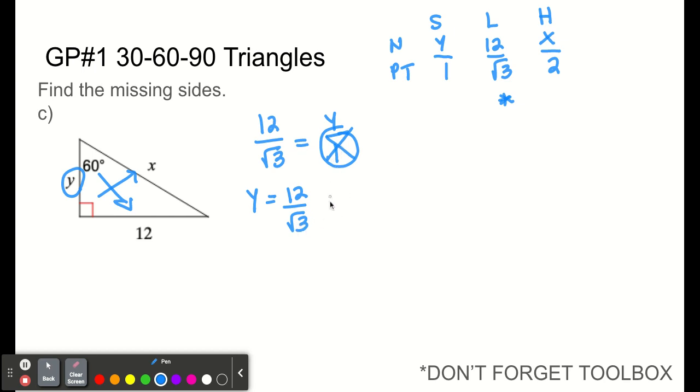We must rationalize. So here we're going to multiply by radical 3 over radical 3, which will give us 12 radical 3 divided by 3. We can simplify those outside numbers. 12 divided by 3 is going to give us 4 radical 3.